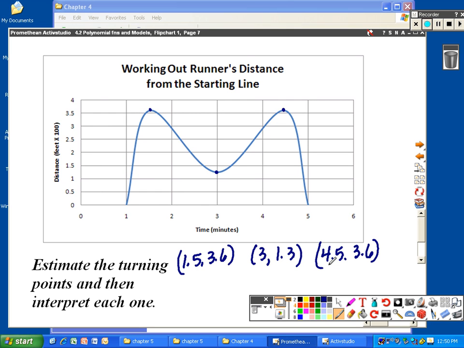And if I have to interpret those, this is the working out runner's distance from the starting line.